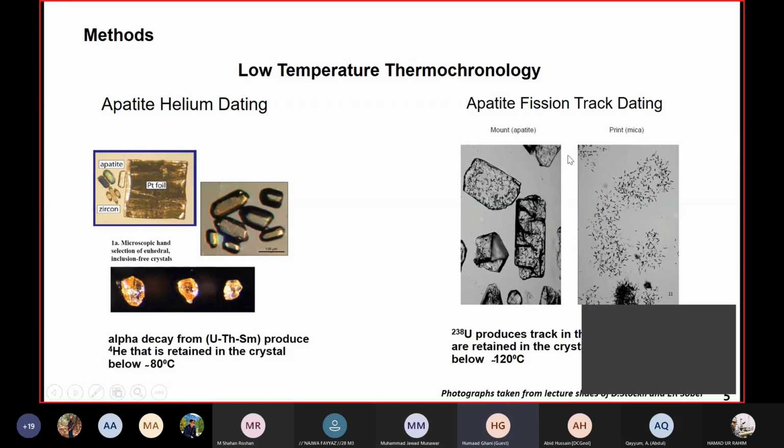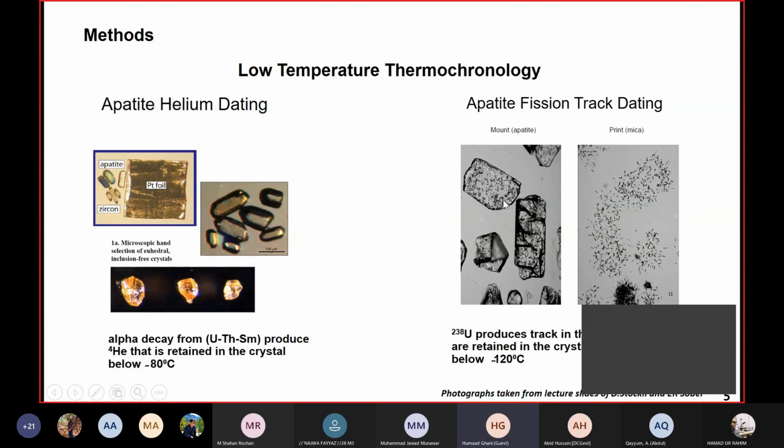And the other one is apatite fission tracks. What happens naturally is that uranium-238 produces natural damage in the crystal lattice of apatite crystals, for example, here. Here you can see small cracks inside these crystals. These are known as natural or spontaneous tracks that are produced by natural fission.